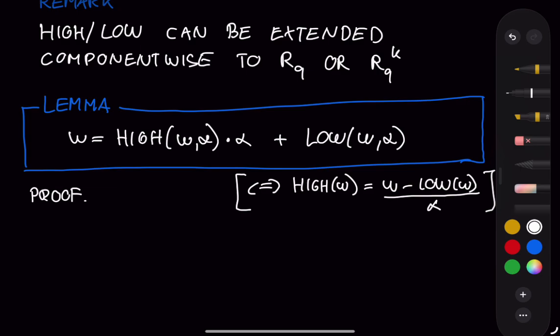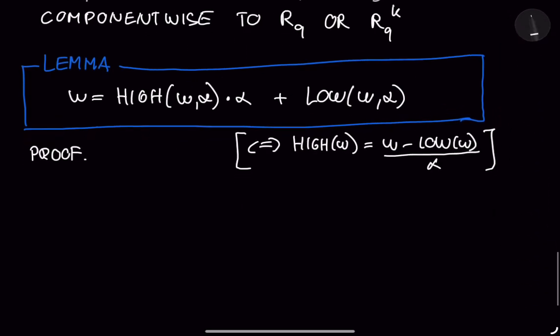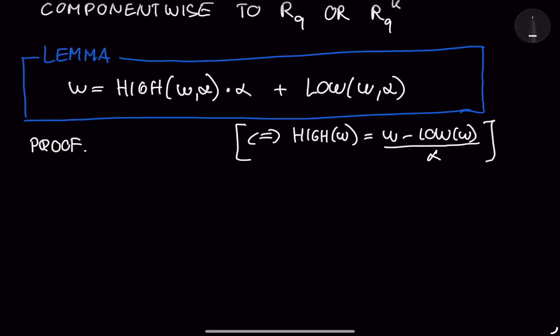Okay, now what we have from an earlier lecture, I guess it was lecture 1, we consider w divided by alpha, the rounding function on that. Then we get two cases.